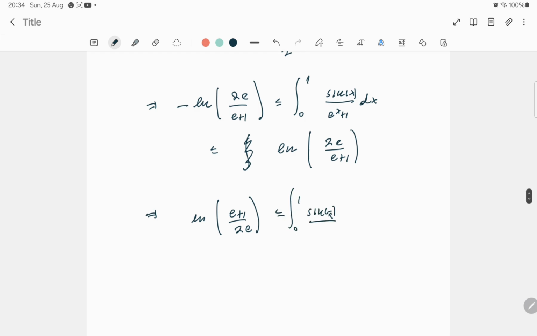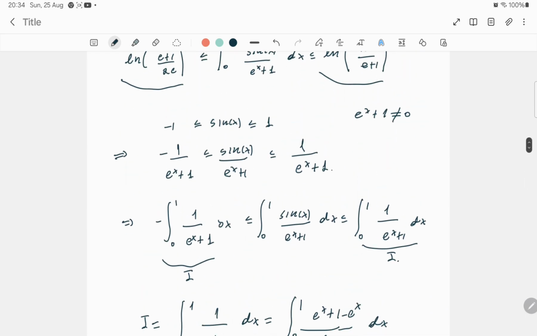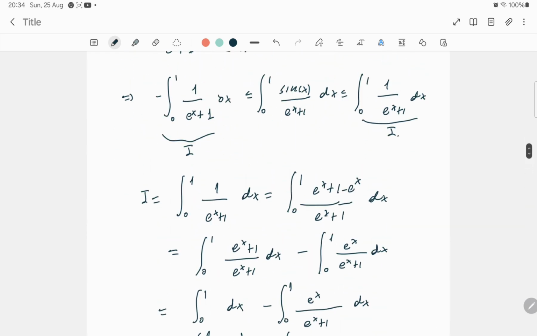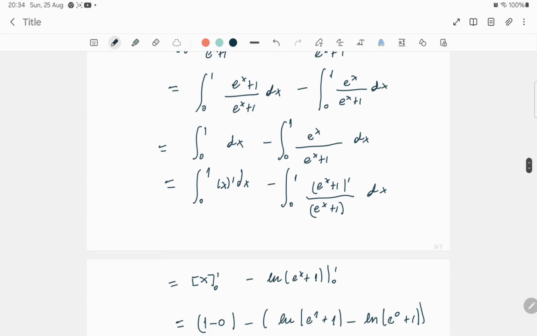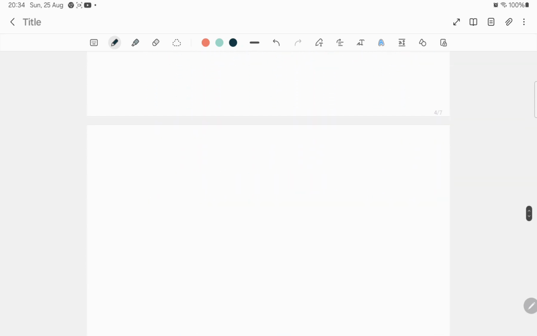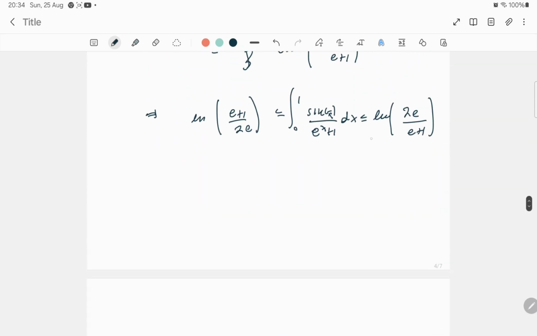And finally I obtain the desired inequality. So it's the natural logarithm of e plus 1 over 2e. The argument of the logarithm is flipped.